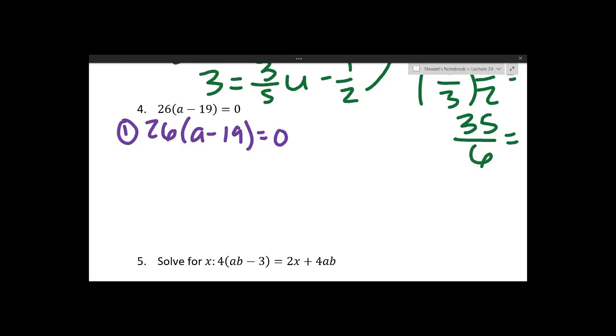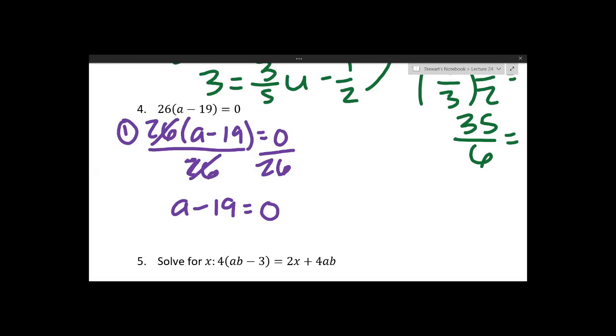It's just 0. So what we can do is divide both sides by 26, because the expression in parentheses that contains the variable is being multiplied by 26. So we want to divide by 26 to get rid of it. 0 divided by 26 is going to be 0. So you're going to be left with a minus 19 equals 0.